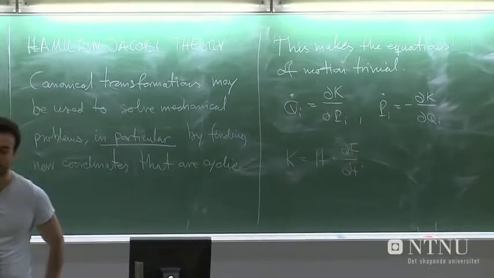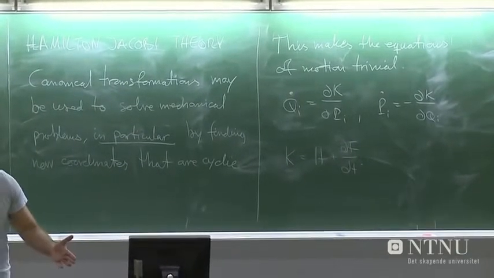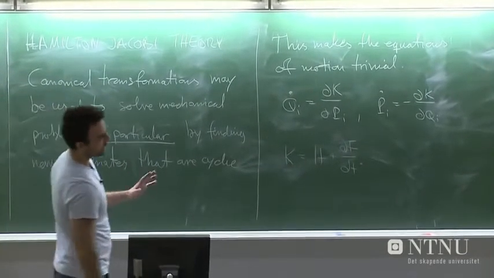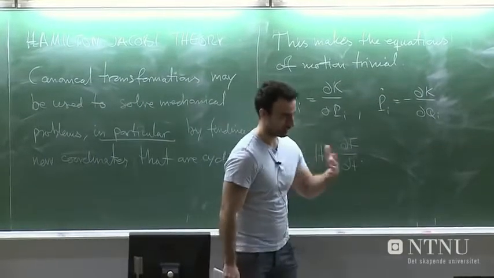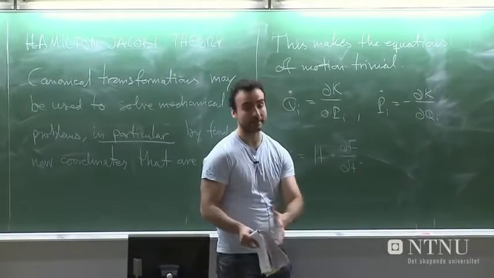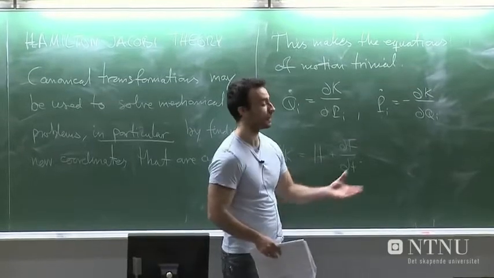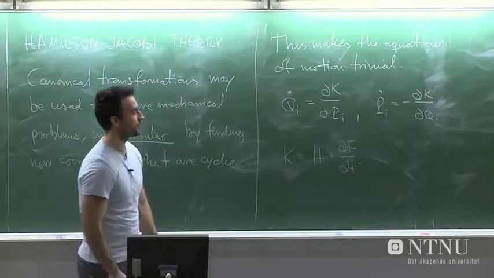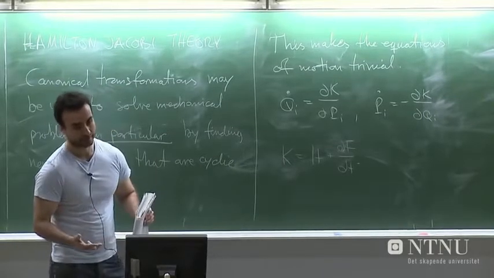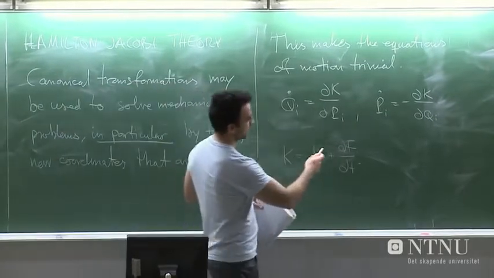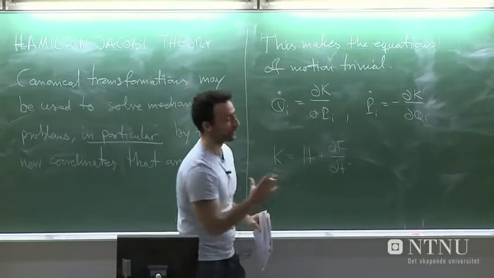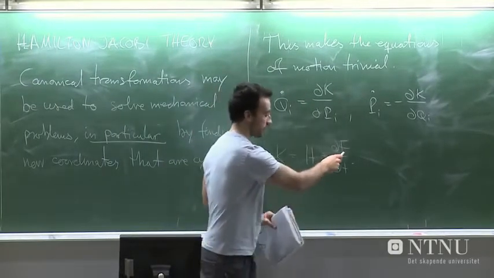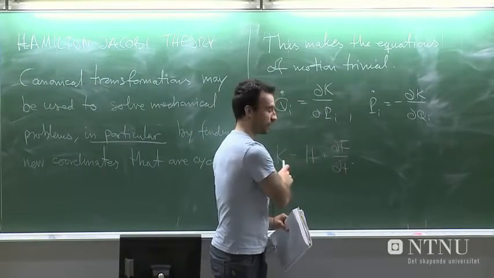I guess you could mathematically define canonical momenta of their own. But if we define the term cyclic as the Hamiltonian being independent of a variable, then we can say that they are cyclic, right? So in this sense, they are cyclic coordinates. And we can guarantee this by choosing F so that K becomes 0.